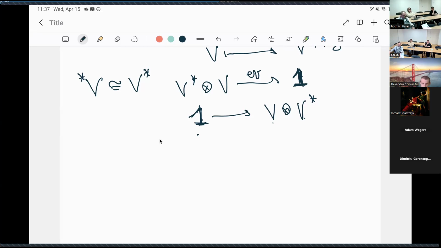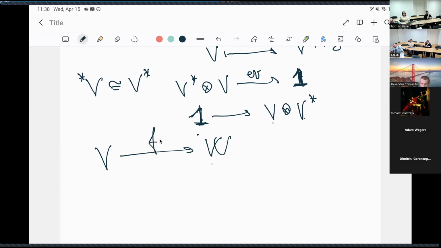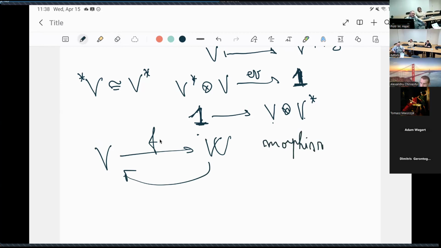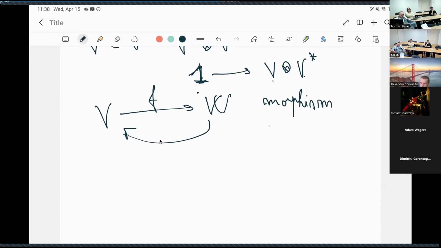And so we also have stars. If I have a morphism of comodules, I can take the star in the usual sense of Hilbert spaces. So this is a morphism of unitary comodules.